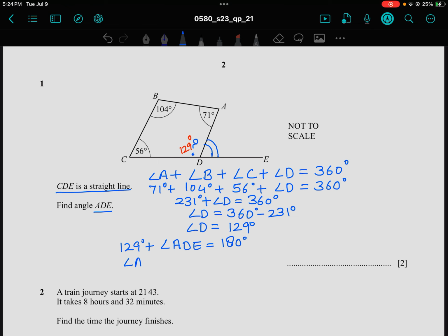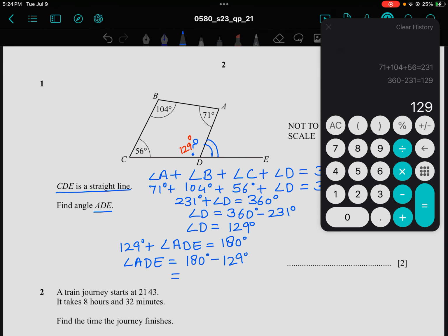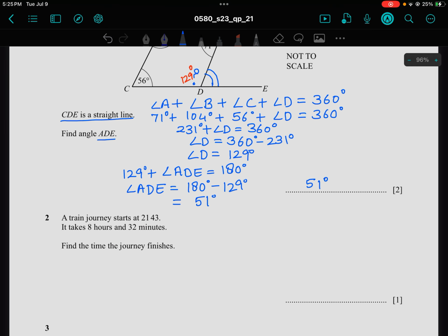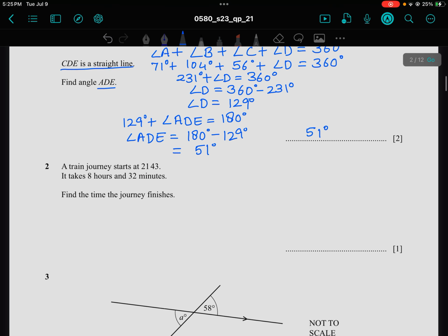So angle ADE is equal to 180 minus 129, giving me the answer: 180 minus 129 gives me 51 degrees. This is the answer of question number 1.